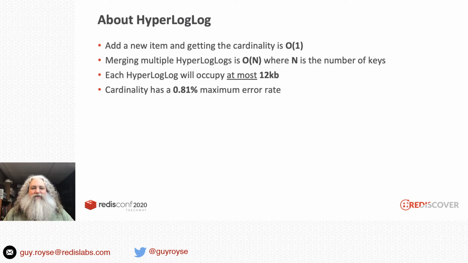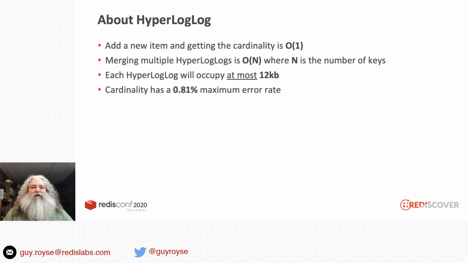The amount of space is just trivial. It would fit on an old school floppy disk. Even the big, 8-inch ones. And the error rate of the cardinality is at maximum 0.81%. So that's not a very big error rate. It's less than 1% of an error rate.